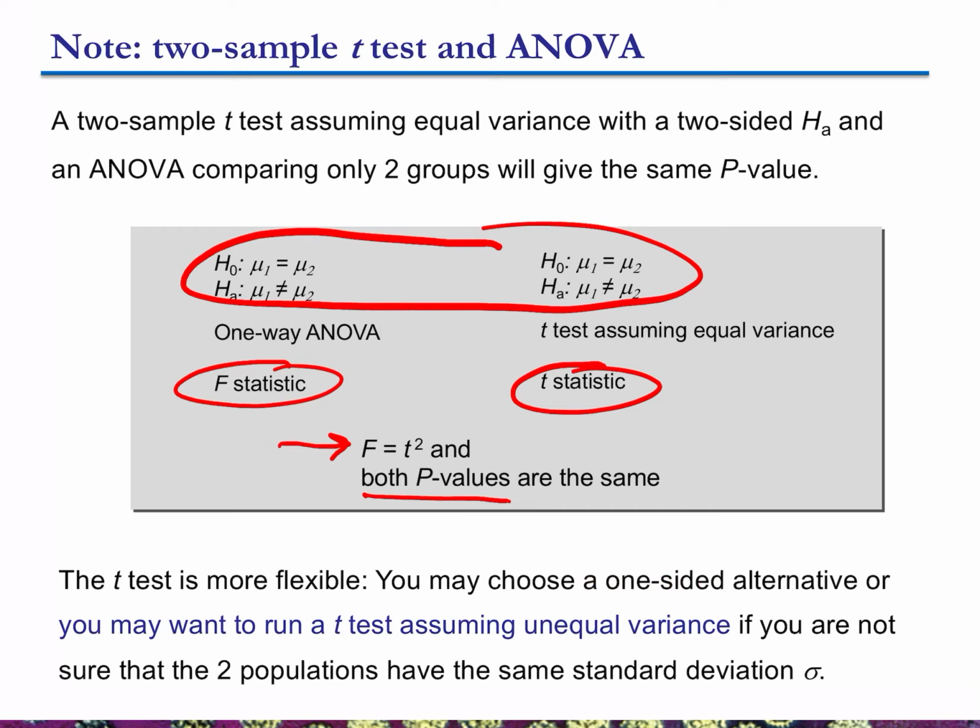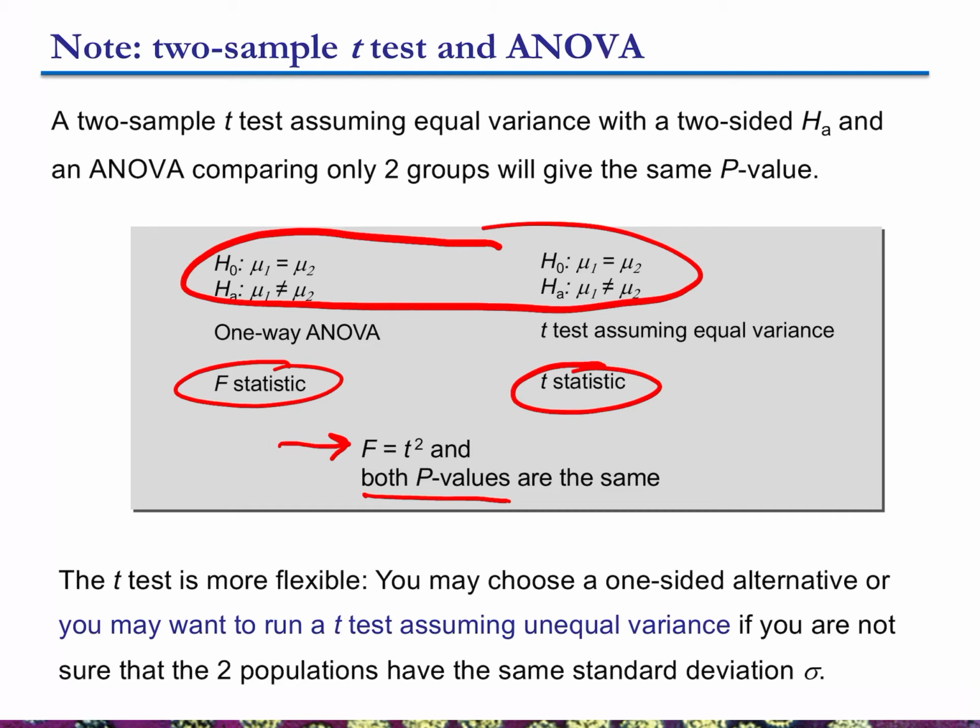With the 2-sample t-test, you could do the one-sided alternative if it was more appropriate for the situation you were dealing with. Also, if you're not sure that the 2 populations have the same standard deviation, you might want to run the t-test and select assume unequal variances. That sort of protects you against that unequal variance problem. With the ANOVA, all you can do is look to see if your standard deviations are equivalent. There's that rule about the largest standard deviation not being more than twice the smallest.